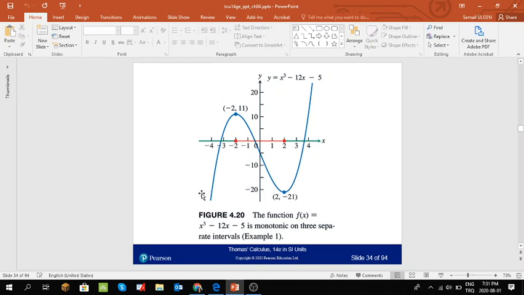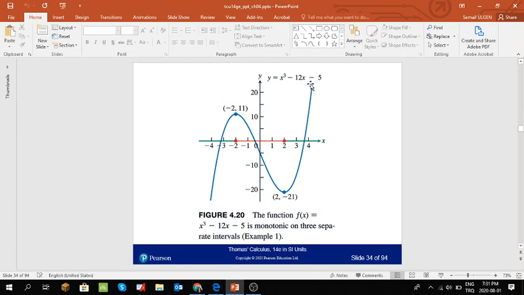As you would see, the function is increasing till x is equal to negative 2, and then it's going down till x is equal to 2, and then it's going up afterwards. So f is monotonically increasing here, monotonically decreasing here, and monotonically increasing here, as you would see.